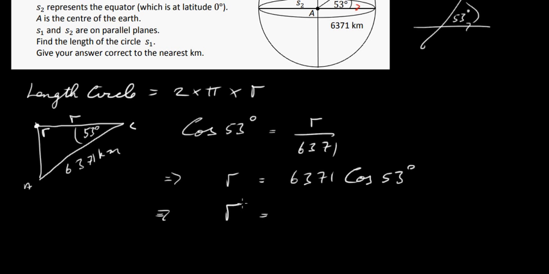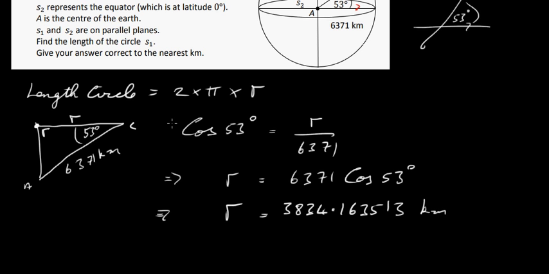When you work that out, you get the distance r is 3834.1635, and that's the distance in kilometers.